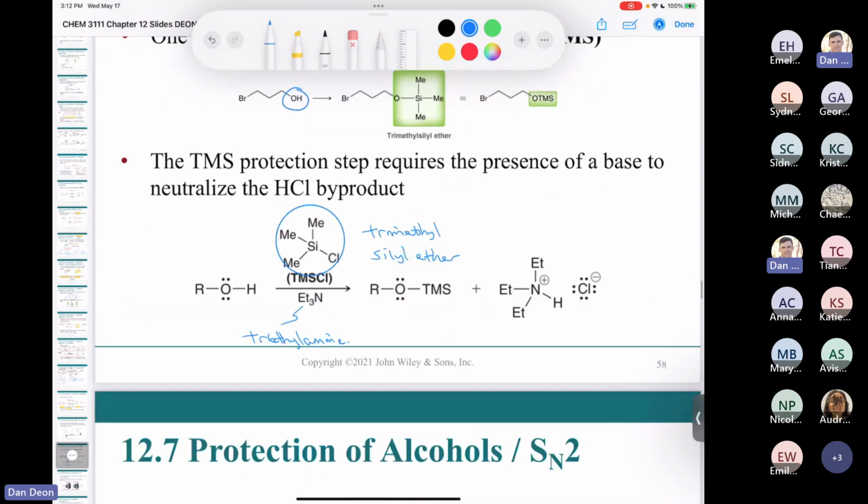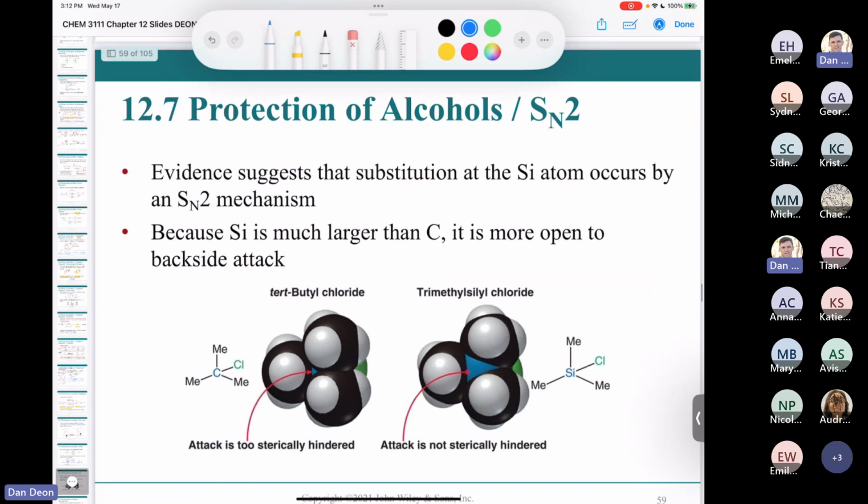Now there's a little blurb in the textbook about the mechanism of the reaction between the alcohol and the trimethyl silyl chloride. I see their point for putting it in here, but I don't know if I've ever asked a student about this. You remember that when we talked about tertiary alkyl halides, like this one I have in the blue circle, I said you can't do an SN2 on that because it's too sterically hindered.